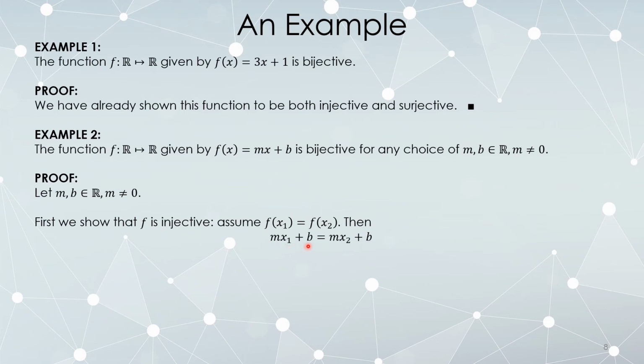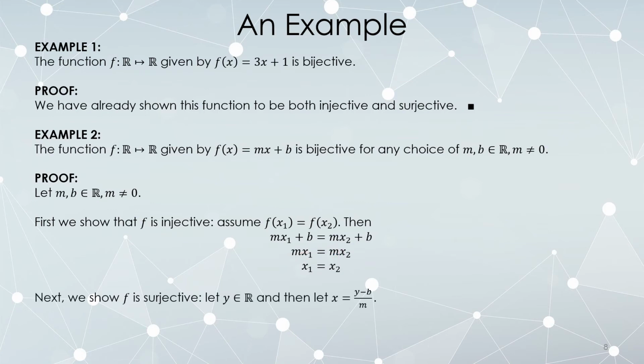Well then, mx1 plus b, that's f of x1, equals mx2 plus b, that's f of x2. Cancel off the b's, and you can divide by m, and therefore x1 is equal to x2. Why was I allowed to divide by m? Because m is not 0. If m was equal to 0, I'd have 0 equals 0 here, and I can't just divide out by 0 and cancel it somehow. So it was critical that m was not 0.